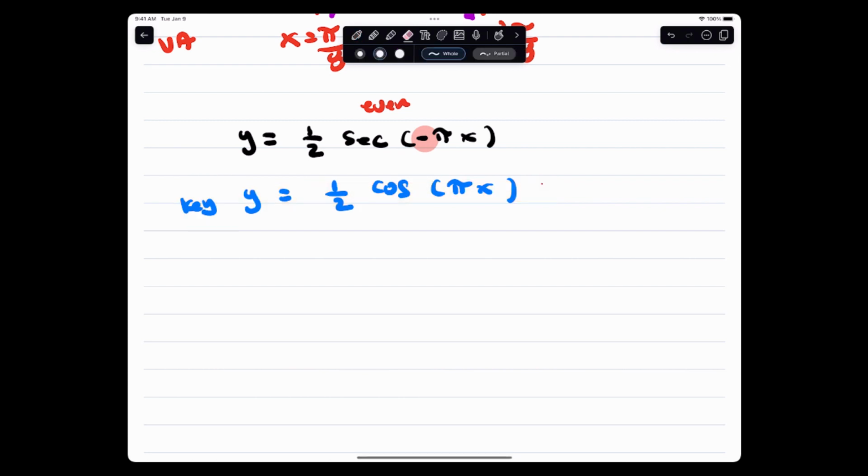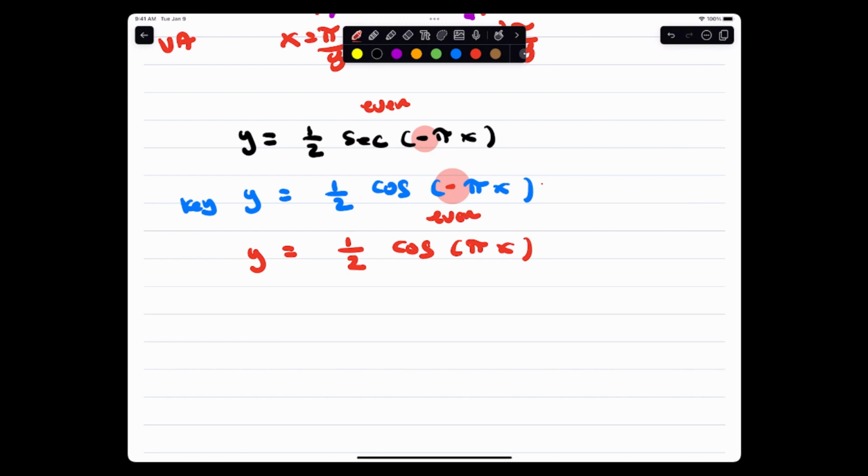Let me give you every detail. And there it is. Here's your key.